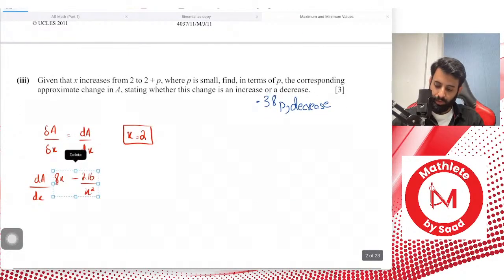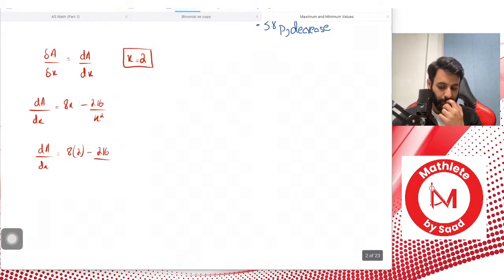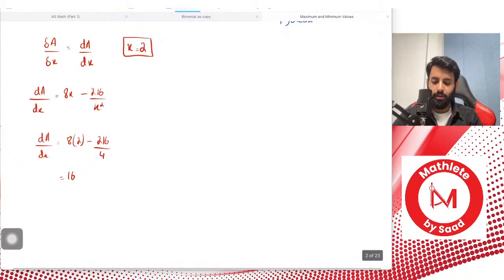There you go. So we're going to plug in 2. So dA upon dx when x is 2 means 8 times 2 minus 216 over 2 squared, which means 4. So 16 minus, okay, let's see what this is. 216 divided by 4. So that's 54.